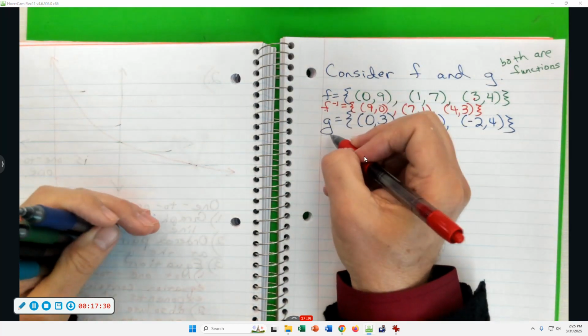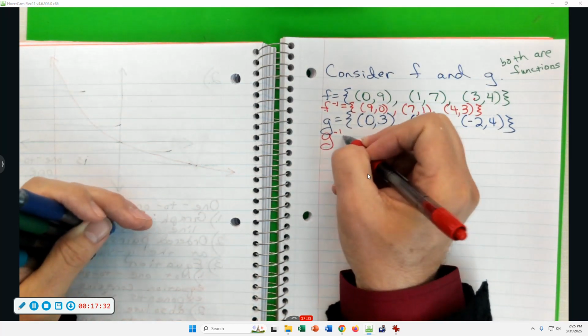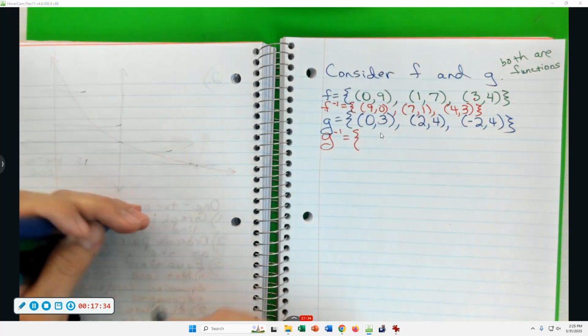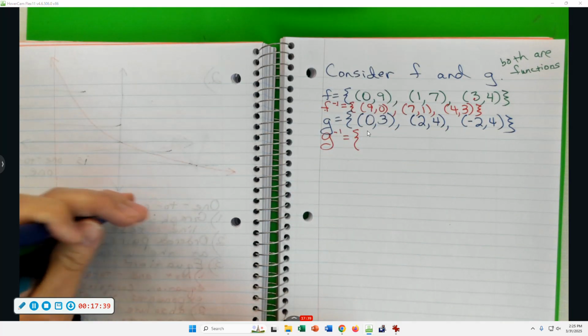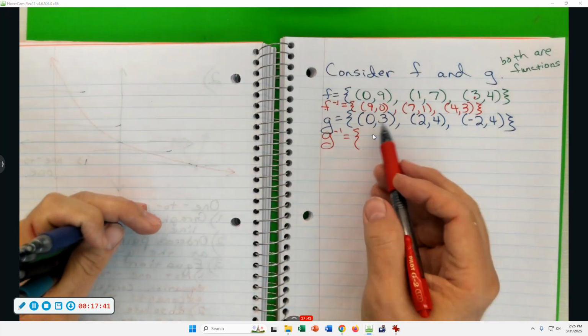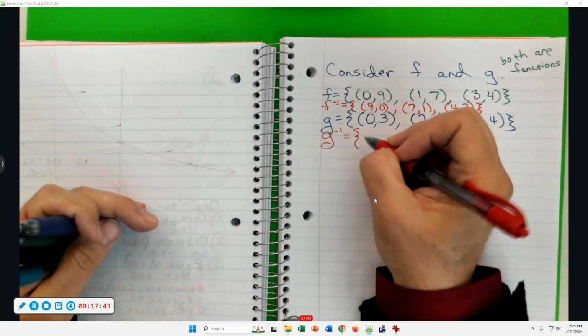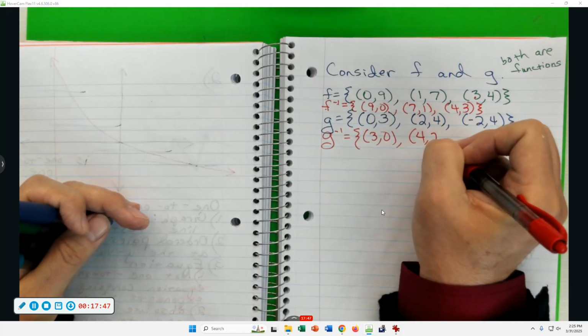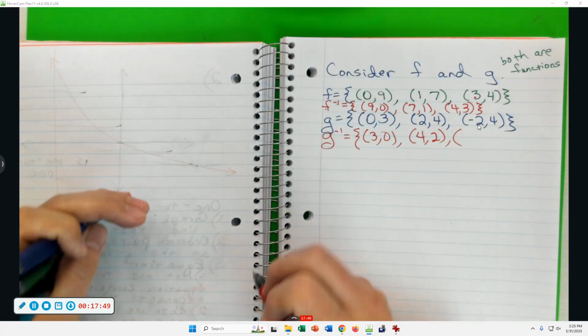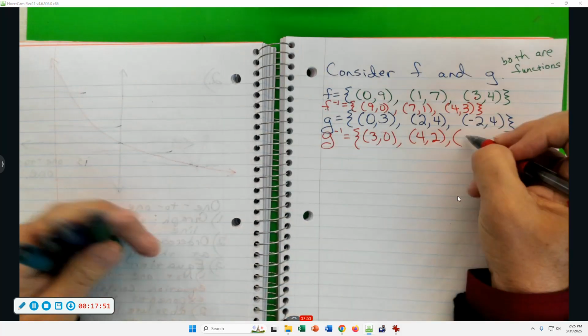Let's write out g inverse. Which ordered pairs are in g inverse? I'll get them going. (0, 3) becomes (3, 0). (2, 4) becomes (4, 2). And (4, -2).